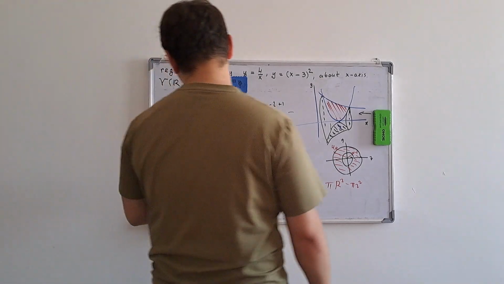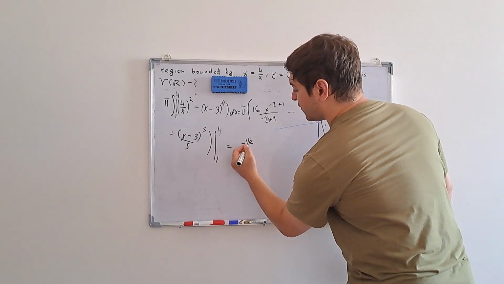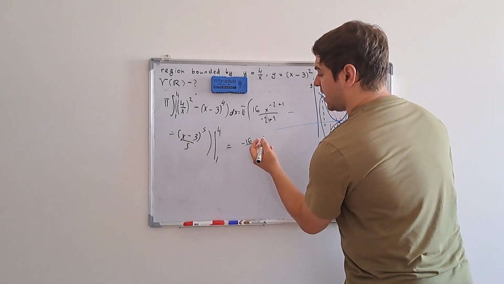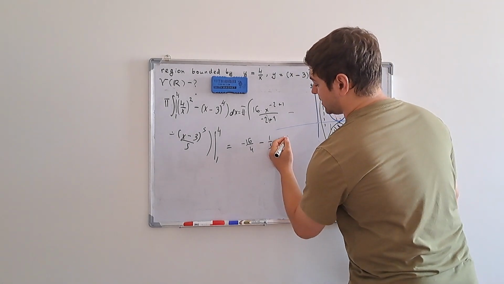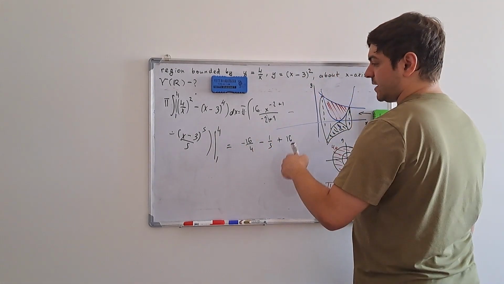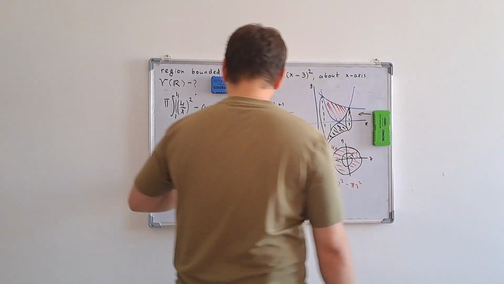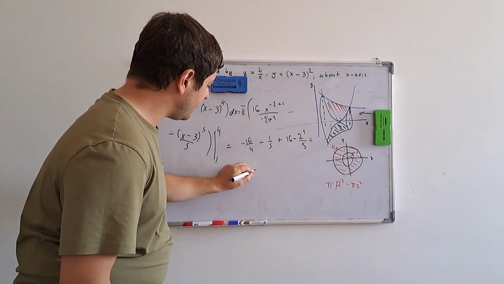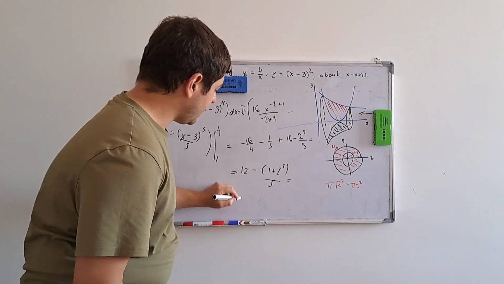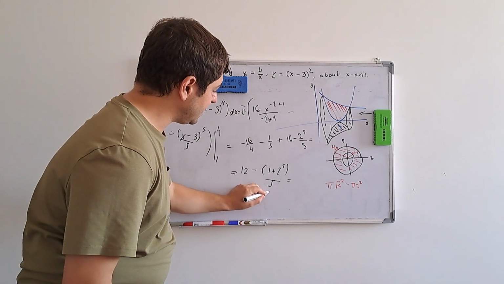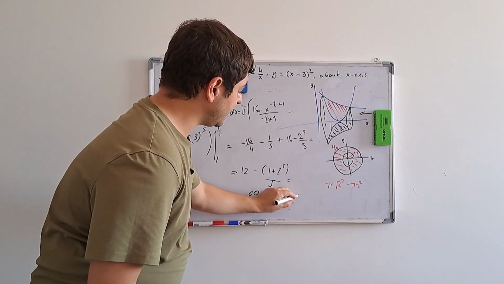Now if I open this up, what I will obtain is minus 16 over 4, then minus 1 over 5, plus 16 and minus 2 to the power of 5. Now what I have here is 12 minus 1 plus 2 to the power of 5, which if I open up will be 16 minus 33 over 5 equals 27 over 5.